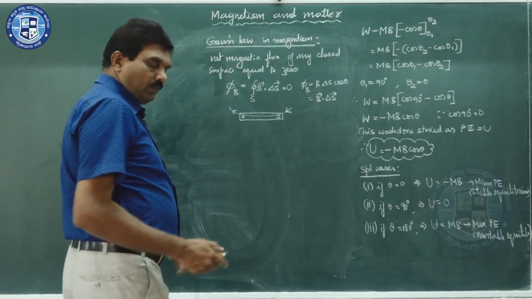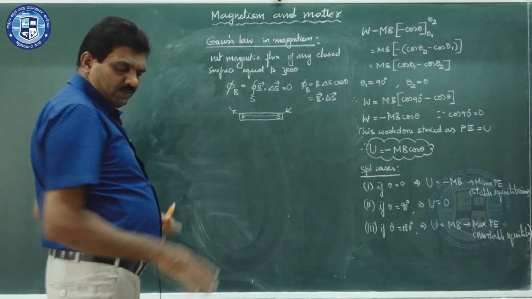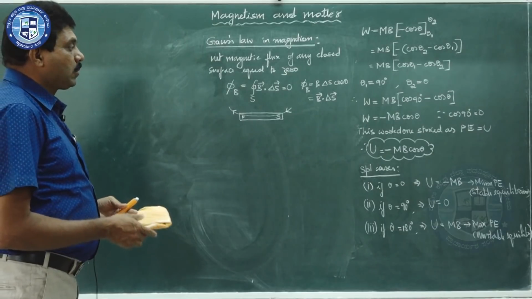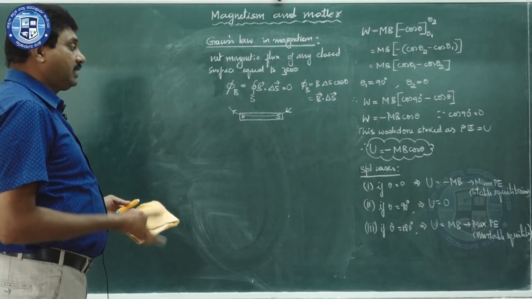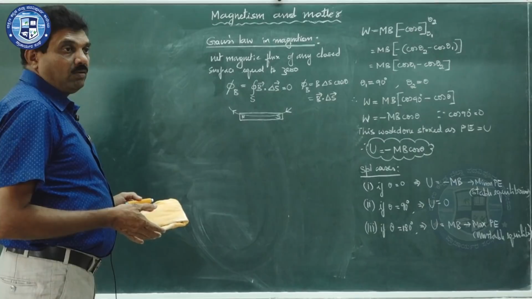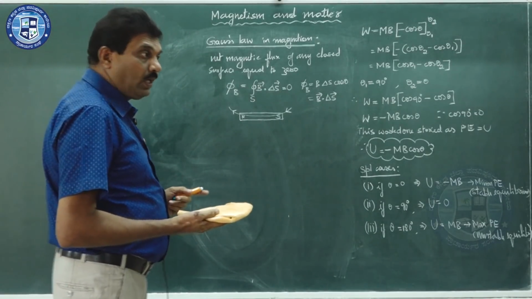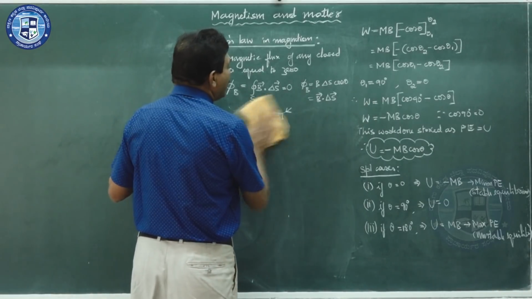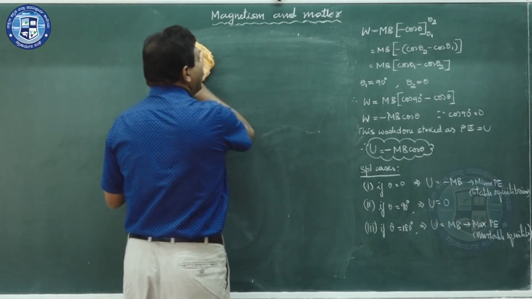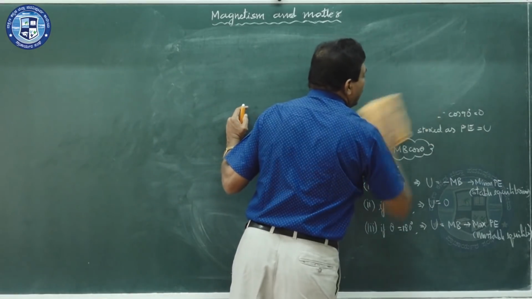Next, we have studied several things here relating to all this. I can say it is something like a conclusion. We can take a small conclusion in which we see the comparison between electric field and magnetic field.